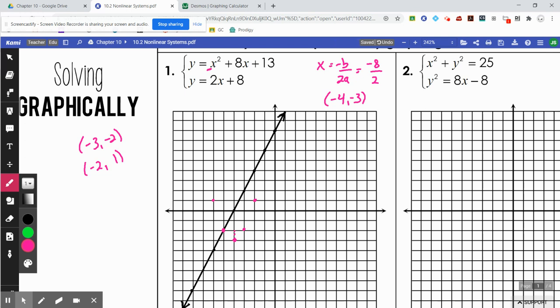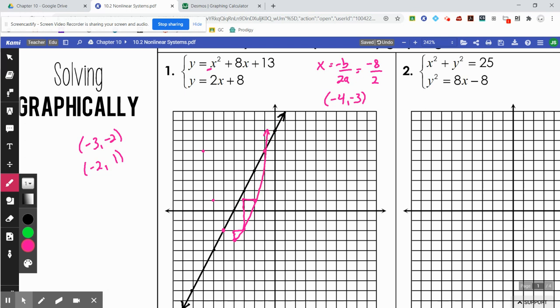You can continue doing that, or you can look for patterns. Notice that we went up 1 over 1, up 3 over 1. Next, I believe we're going to go up 5 and over 1, right here, and do the same thing over here. And there is your parabola.